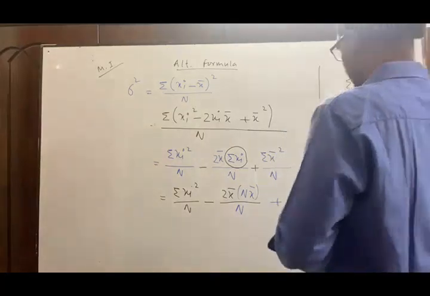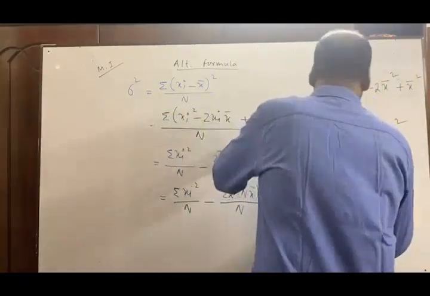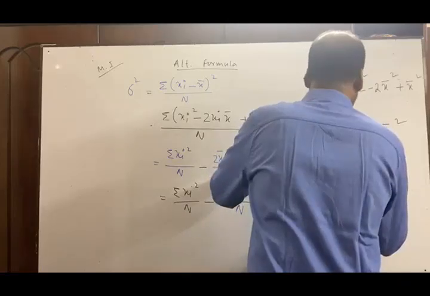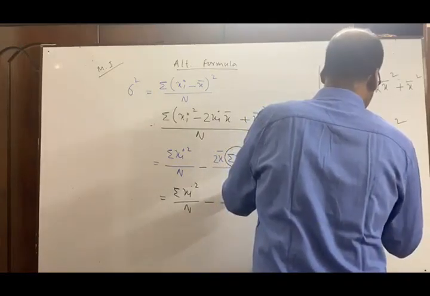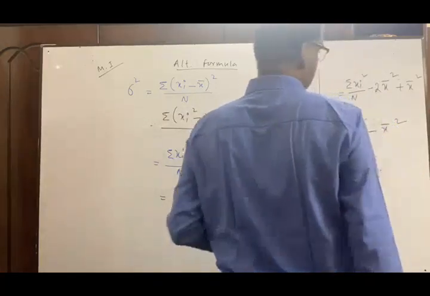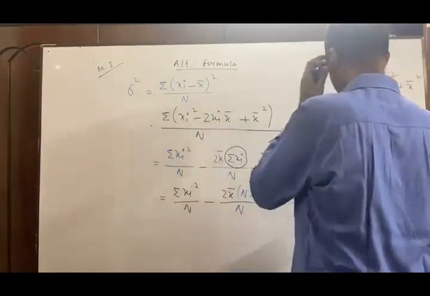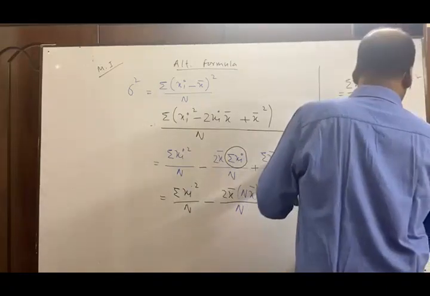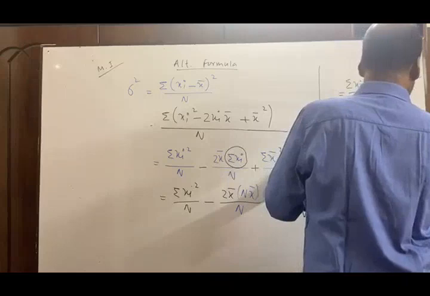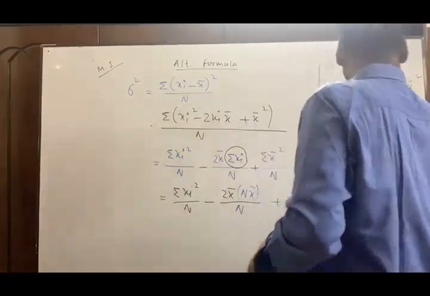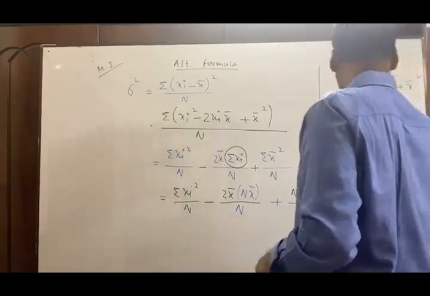Now what is x bar square? So sigma square can be written as summation xi square by n minus x bar. We know x bar equals summation xi by n, then whole square. Okay, I have written a new formula.